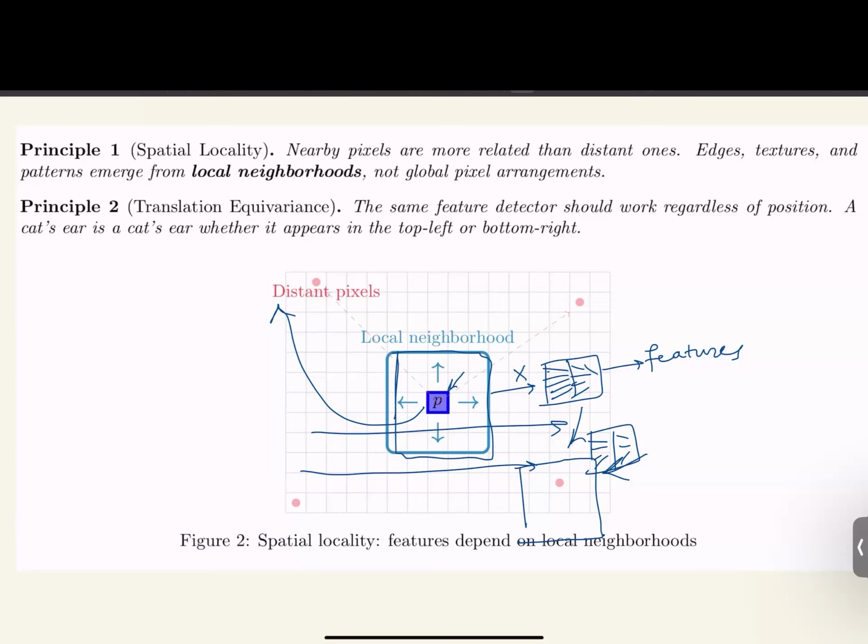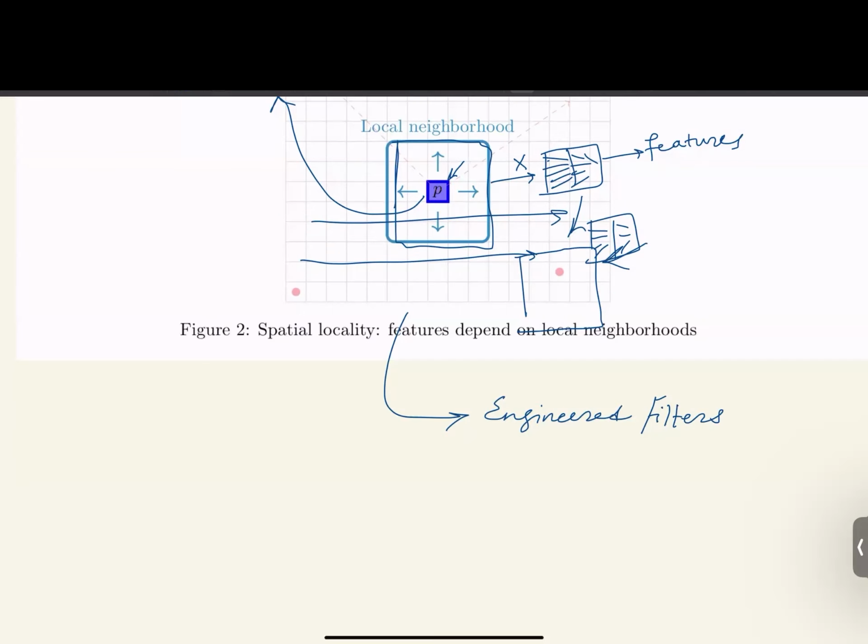And back then, before heavy use of neural networks, what we did in computer vision was some form of filters that look at these patches and give us the features. These filters were engineered. So the good thing about these filters, also called kernels, is that they are interpretable, right?